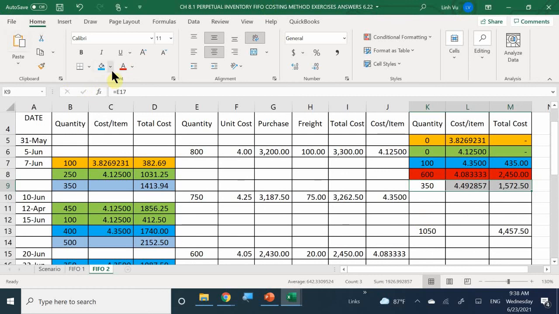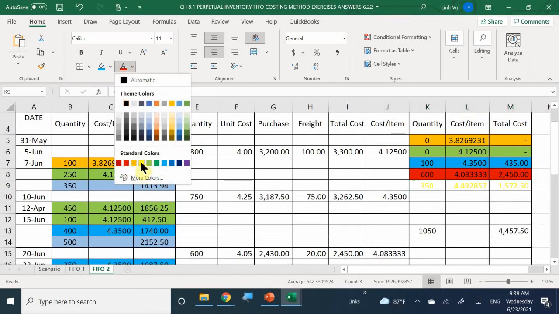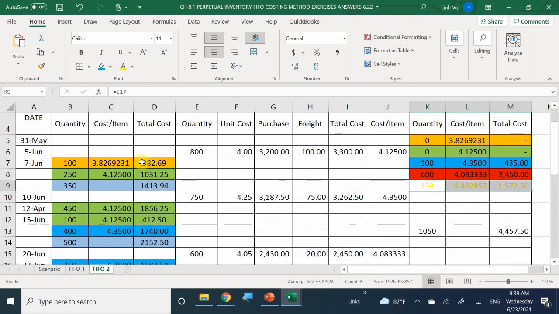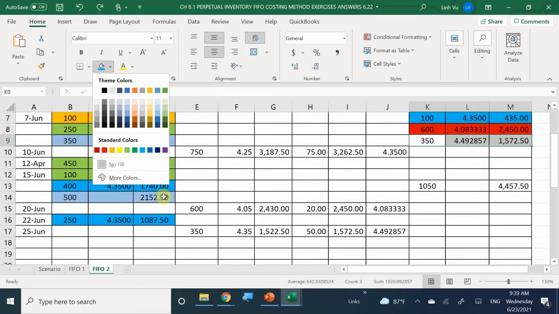Okay. So in this case, I'm gonna go ahead and make this one yellow. All right. It's the only color I've left. And there we have it. Now I have my batches separated.